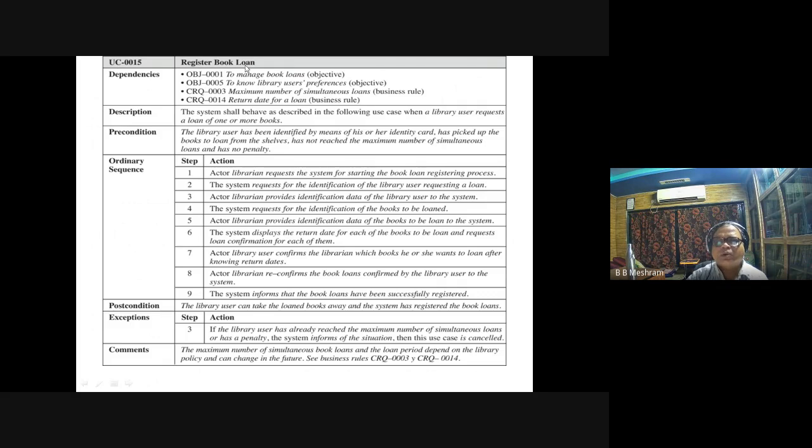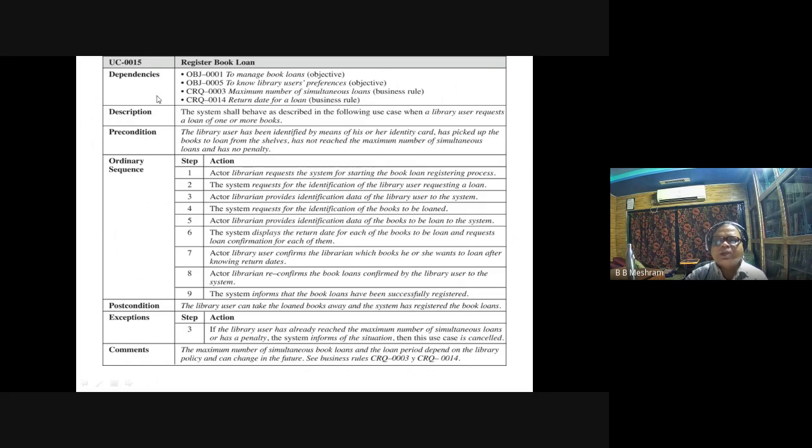OBJ-001 to manage book loans, that is your objective. Then OBJ-005 to know library users' preferences, that is your objective. CRQ-003 maximum number of simultaneous loans, and then dependency is return date for a loan, that is a business rule.